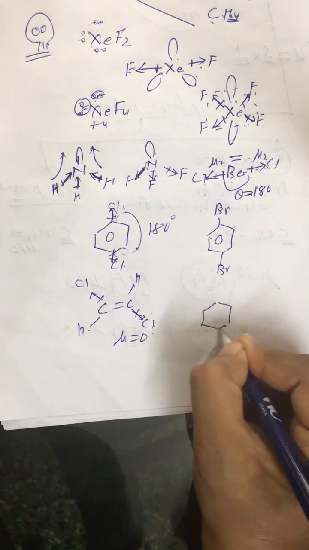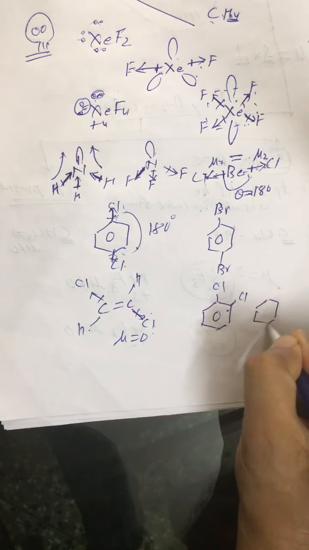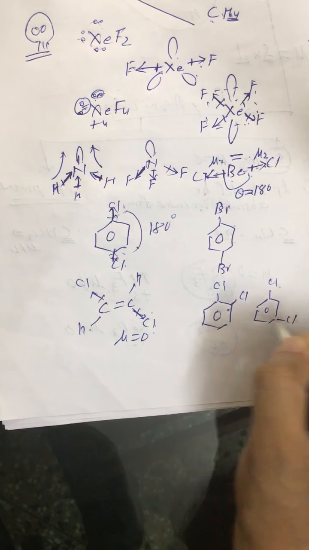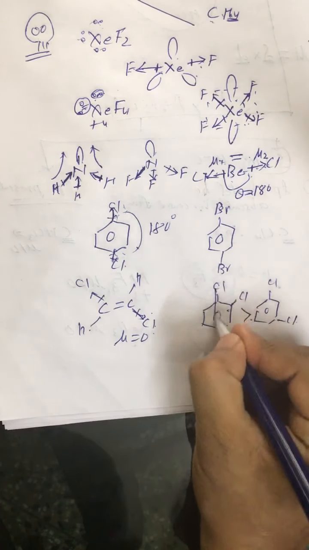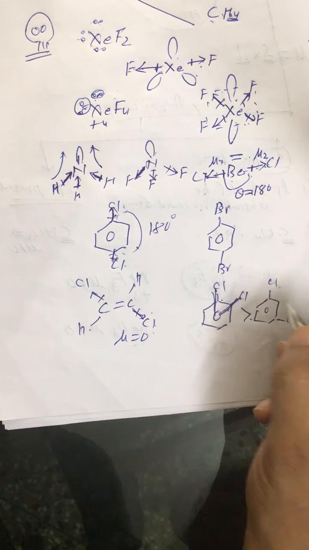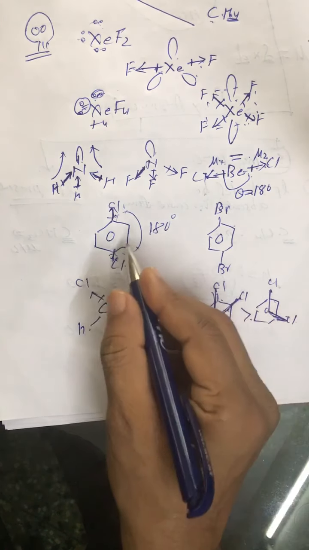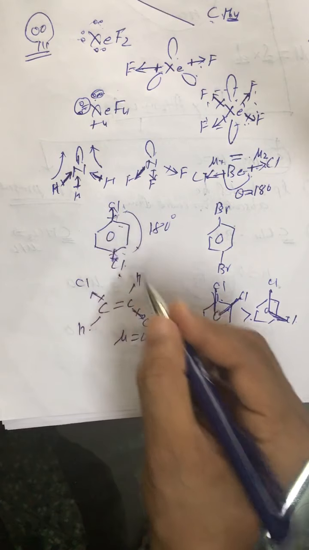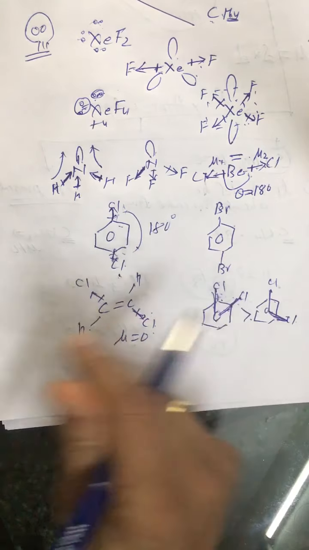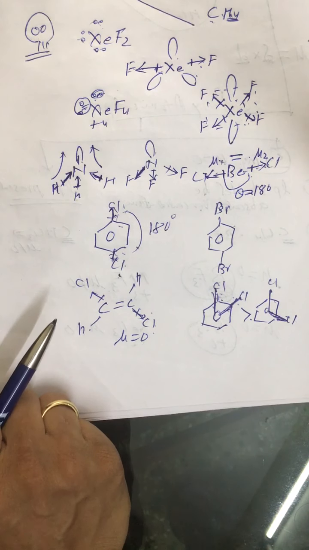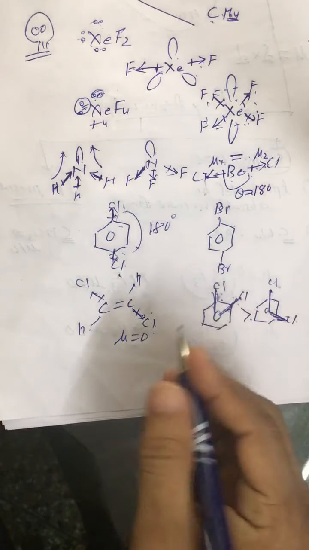And with the increase in bond angle, like orthodichloro and metadichloro, if you compare these two, dipole moment of orthodichlorobenzene is more, because here the bond angle is nearly 60 degree, here the bond angle is around 120 degree, and if it becomes 180 degree, dipole moment is completely cancelled. Here the dipole moment of orthodichlorobenzene is more than metadichlorobenzene. So this kind of comparison cases is there.